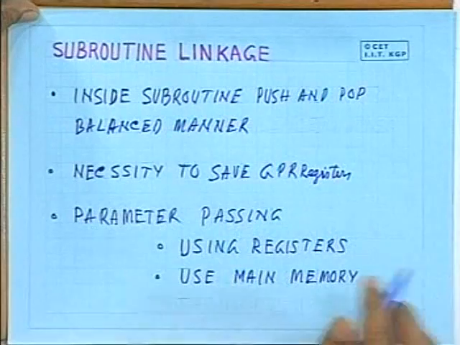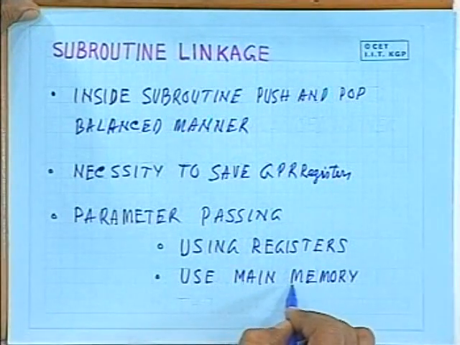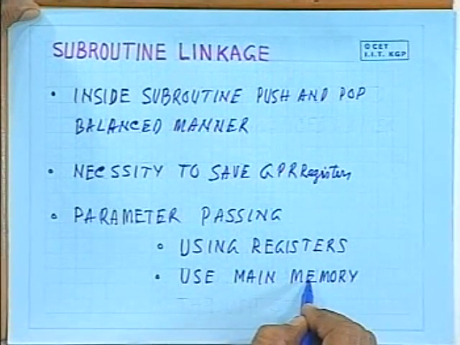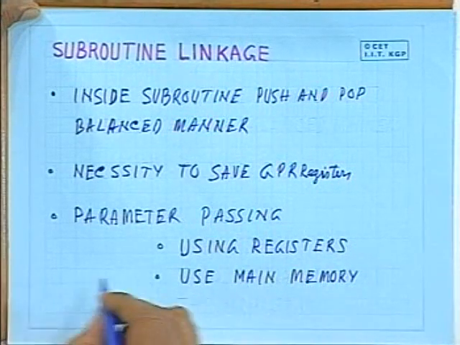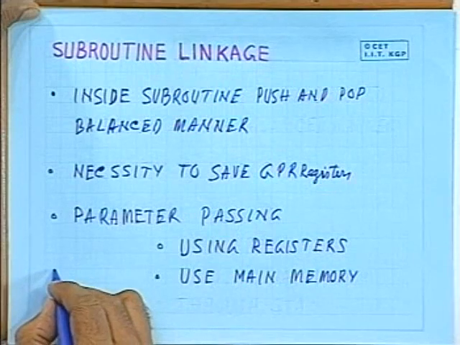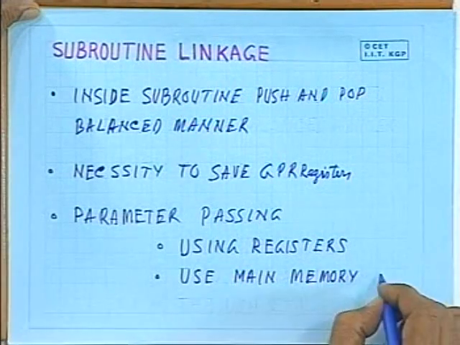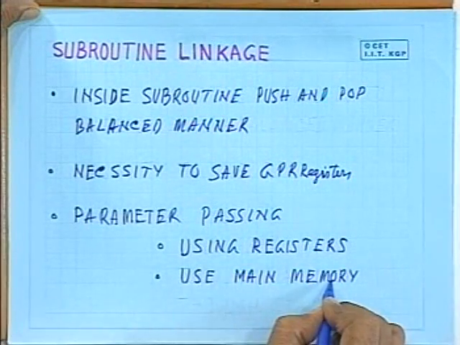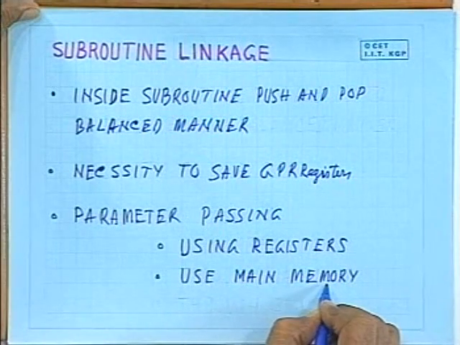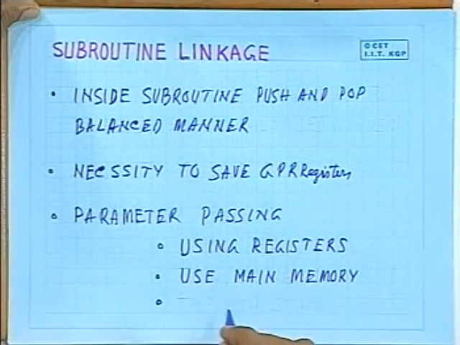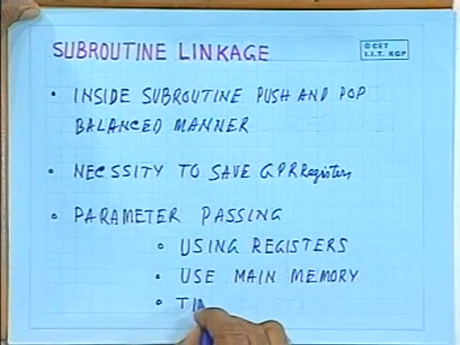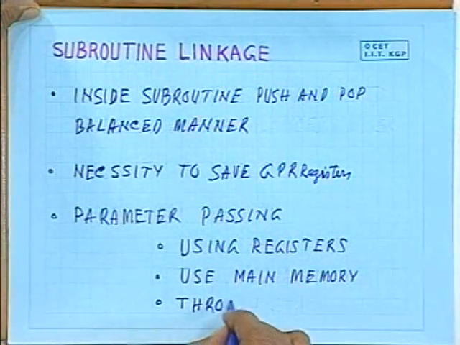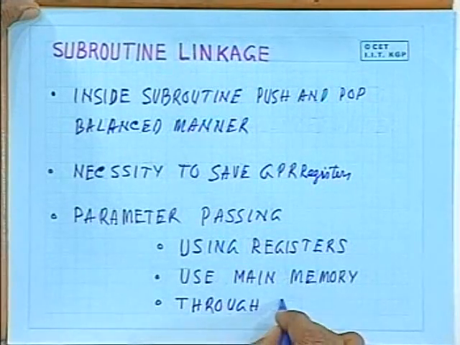However, the registers are used as a pointer to these memory blocks. So, whenever the memory is used, usually it is used in conjunction with registers. Some registers are also used along with this as pointers to the main memory. And finally, another technique that can be used for passing parameters is through the stack.